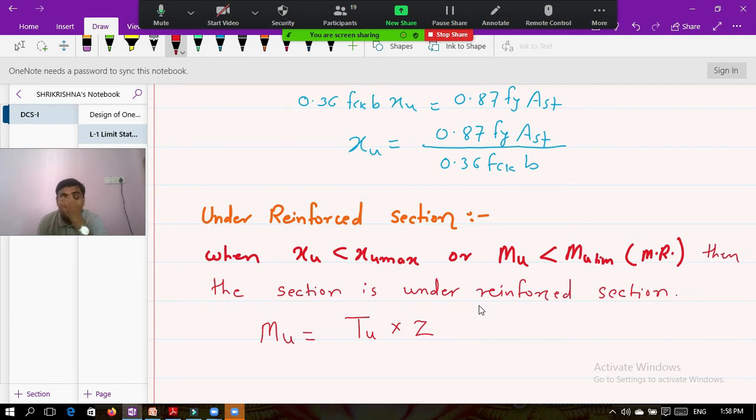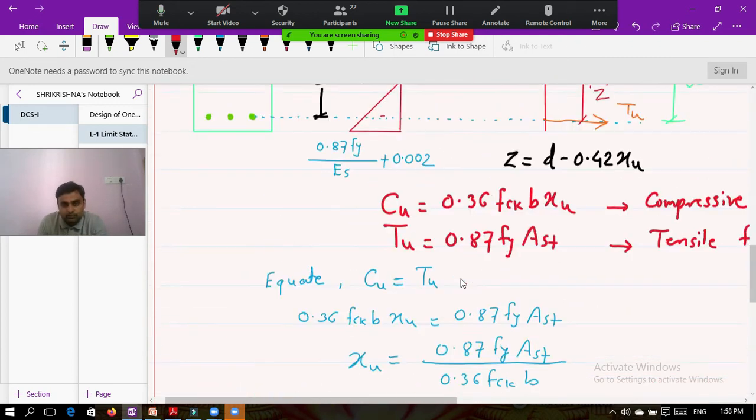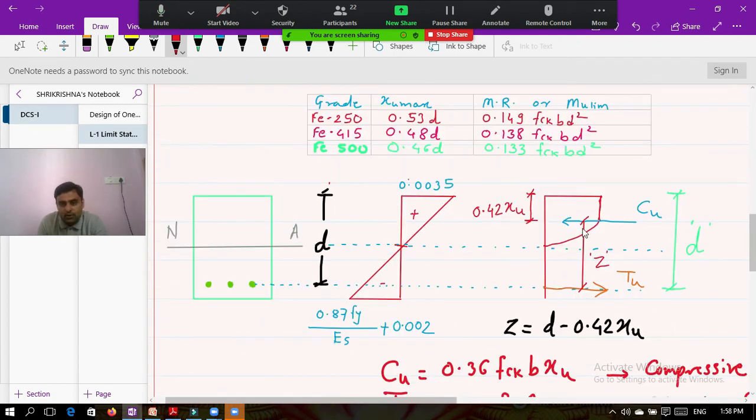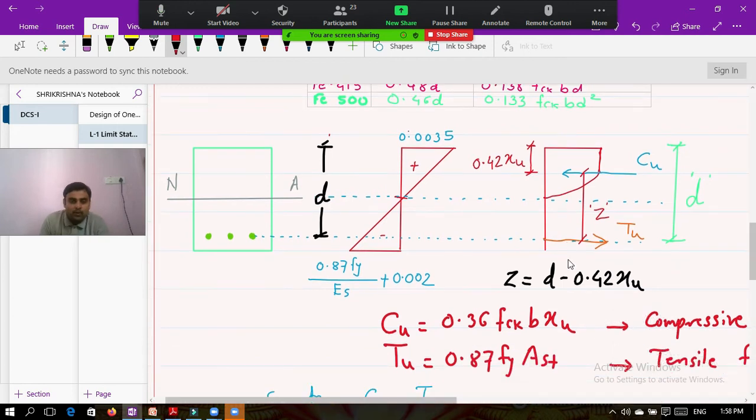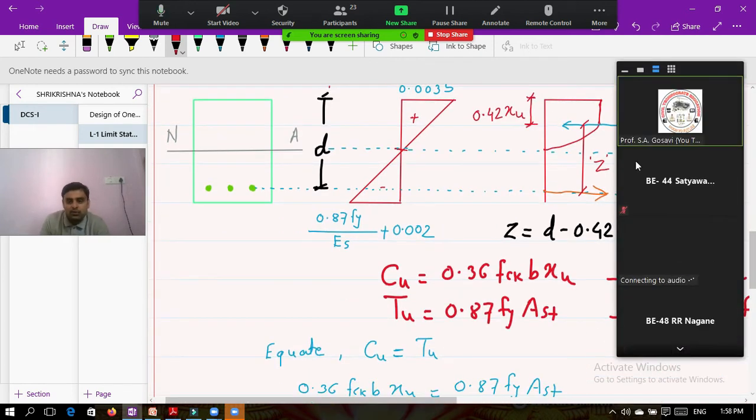So for AST, reinforcement carries the tensile force. So to calculate the Mu, you can use the formula TU into Z. Here this is TU and this is Z, this distance. TU into Z is the moment Mu.